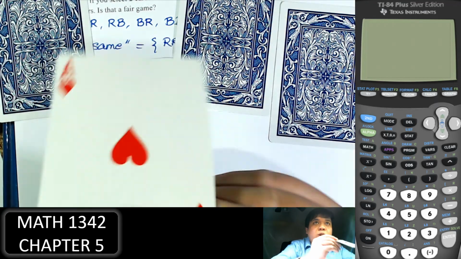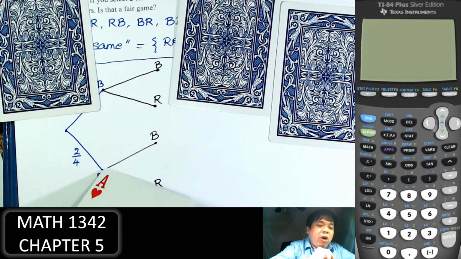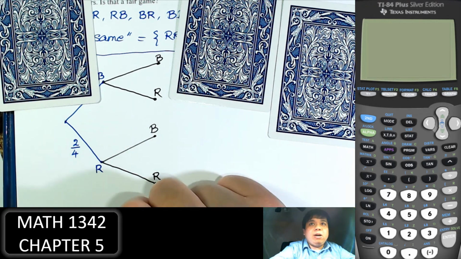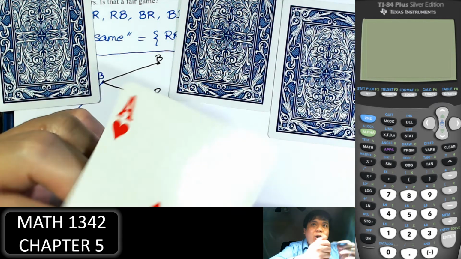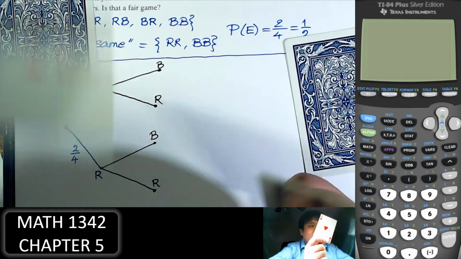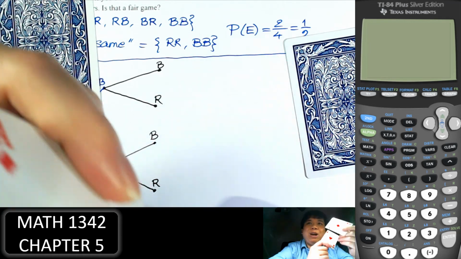Let's say the first one is red. How many red are left? If you pick the first one and it is red, take that away. Out of these 3, only one of them is red left, right? So the chance to match color with this one is 1 out of 3. So the chance to win in that case is only 1 out of 3, right? Actually, it is 1 out of 3 now.